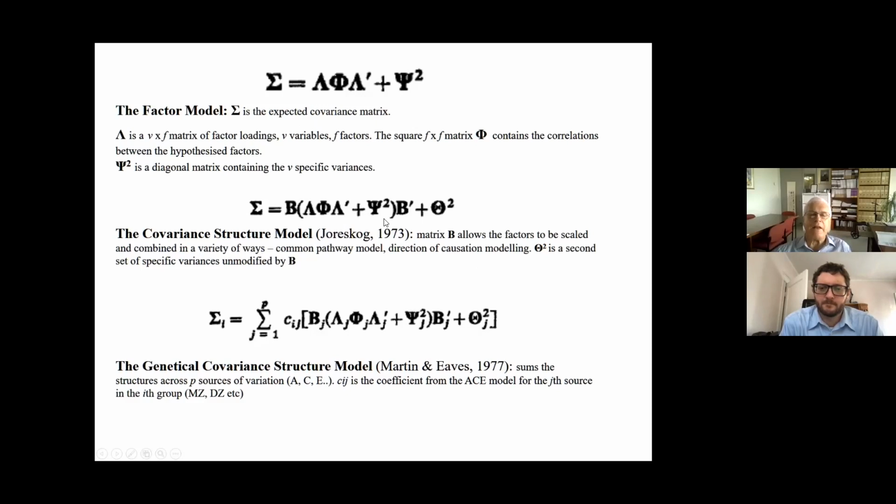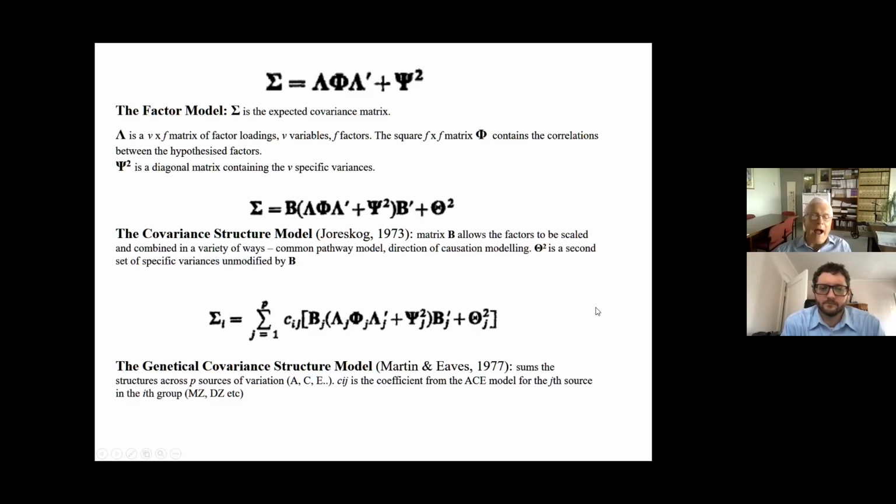And there's something that we in the field have made use of to enable us to fit things like the common pathway model, but most particularly develop the theory of directional causation modeling, which you'll hear about in the course. This theta squared is another set of specifics, but we needn't talk about that.